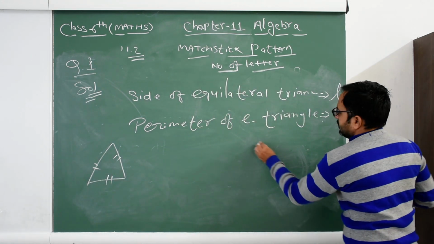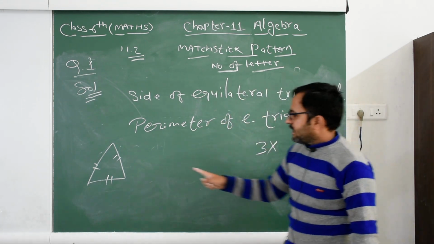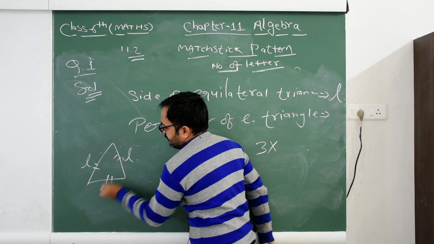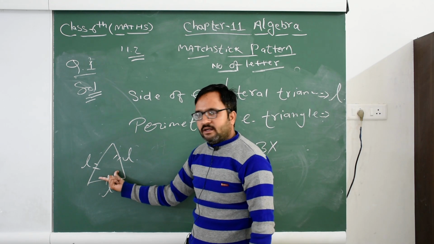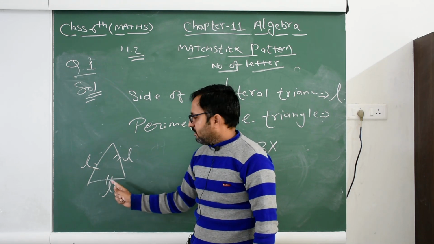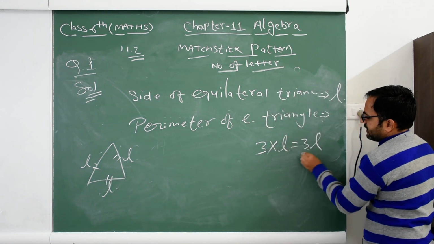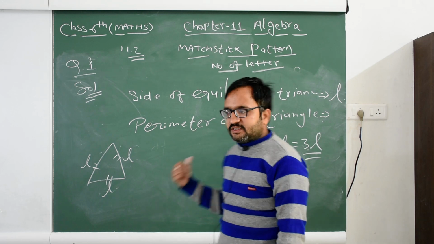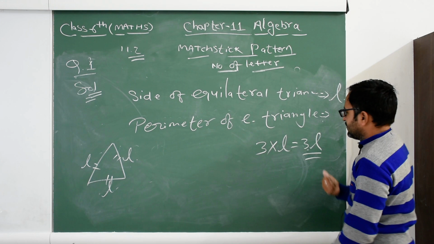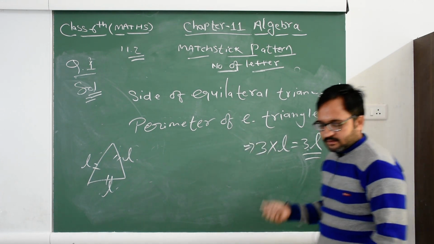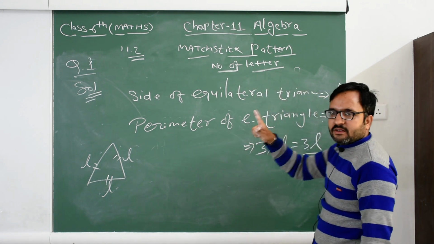How many sides? 3 sides, and your side is L. All sides are equal in an equilateral triangle, so L, L and L. How many L's? 3 L's. So the perimeter will be 3 into L. This is the basic rule for the perimeter of an equilateral triangle. So your answer will be 3L, where L shows the side of the triangle.